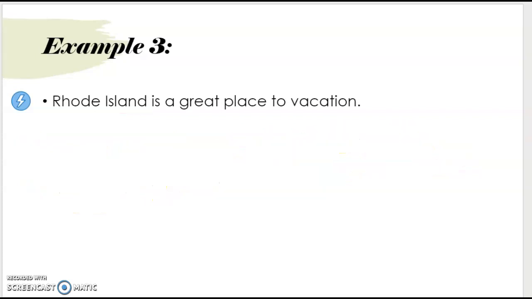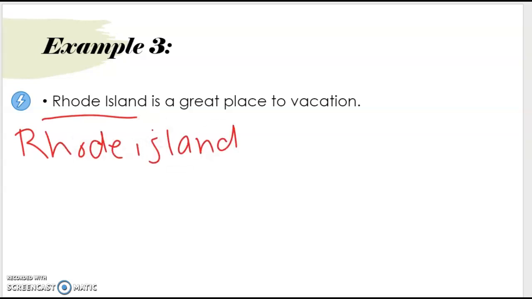Let's try another one. Rhode Island is a great place to vacation. First, find our subject. The whole thing is about Rhode Island. Copy it down. All right, this time since we used comma and dashes, let's use parentheses. After our subject, we put our punctuation. Rhode Island. Well, let's think about something we know about Rhode Island. We can say maybe, which is a small state, because it is a small state.